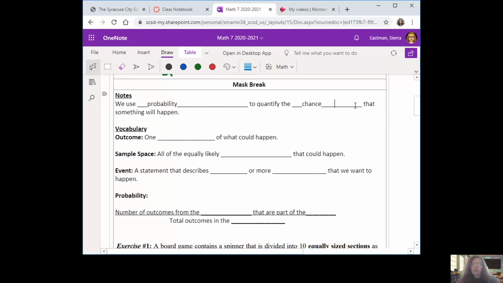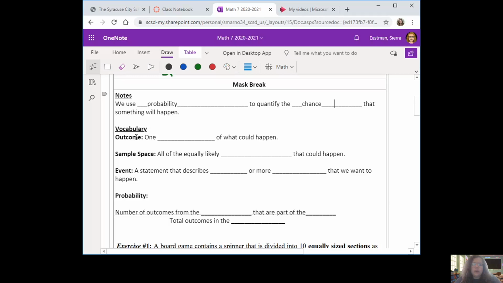Okay, we're putting a number behind that chance. We don't just want to say, oh, yeah, it'll probably land on tails. We want to do the math and figure out how often or how likely it is to land on tails.